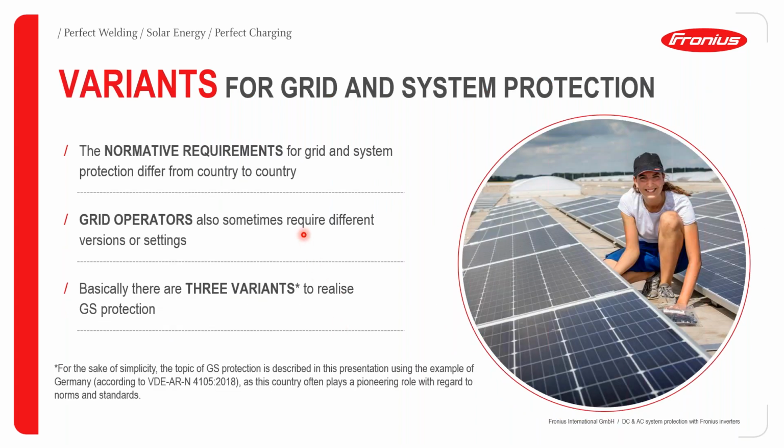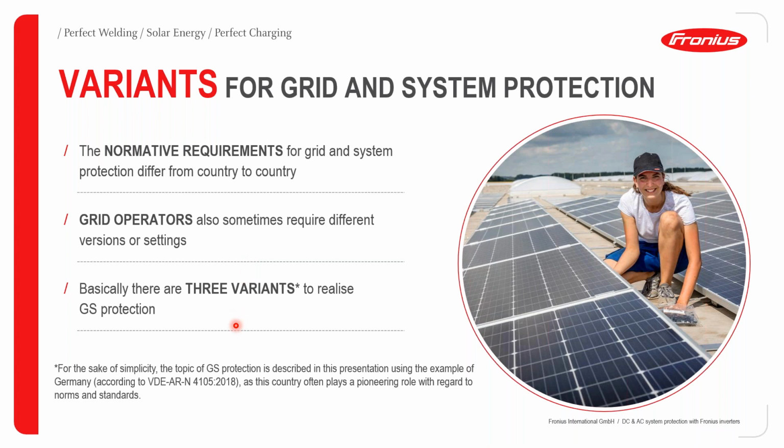Before we do that, let's point out that there are normative requirements for grid and system GS protection from country to country. Please ensure that you contact your grid operators to confirm what these requirements are.